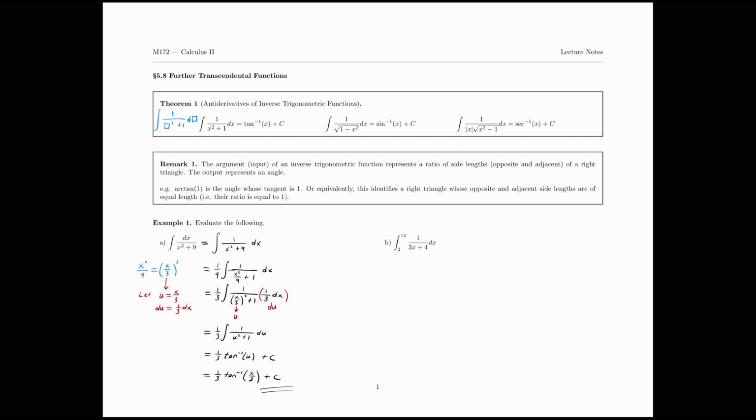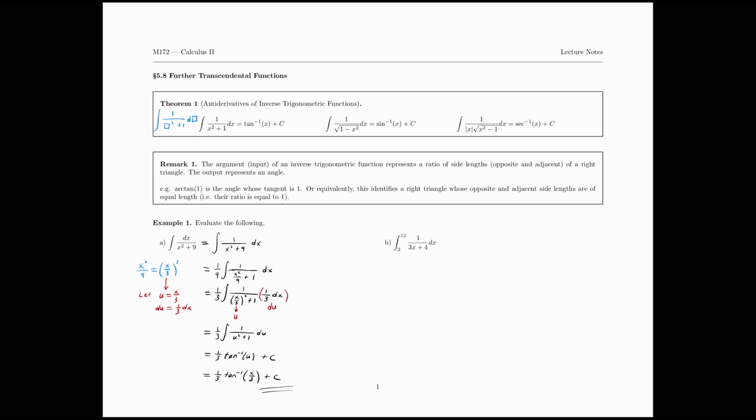Okay, so for part B, this integrand 1 over 3x plus 4 does not look like either of these. This is sort of like a red herring. It's trying to check to see, are we still remembering all of the other rules and forms of antiderivatives?